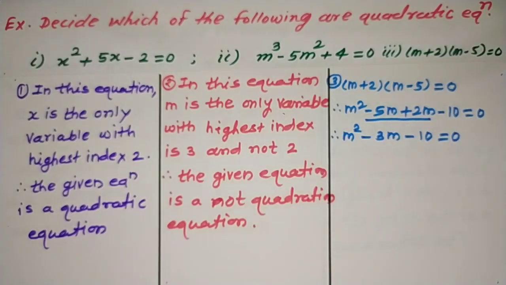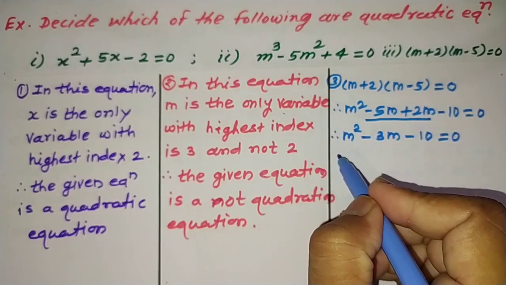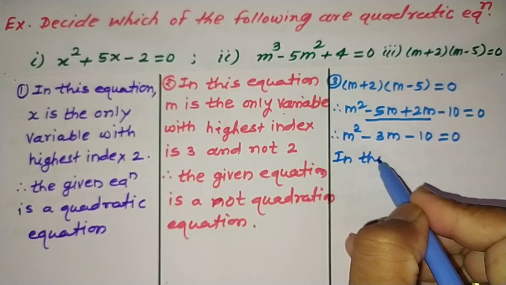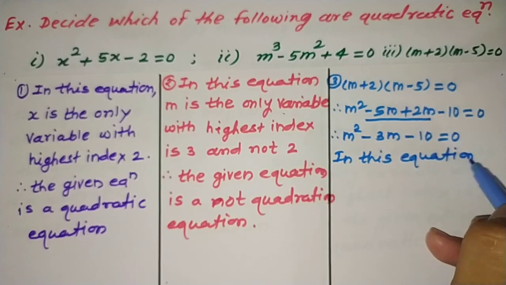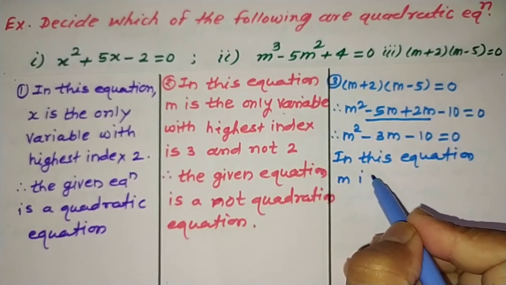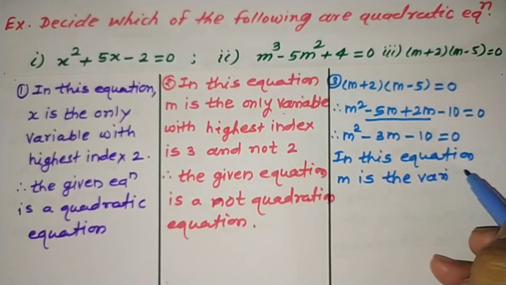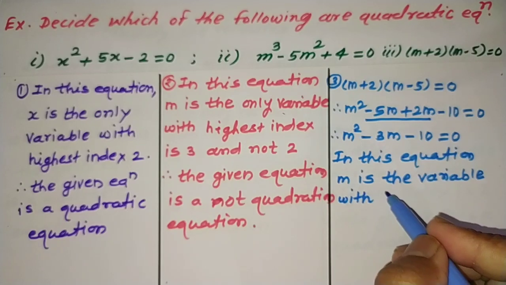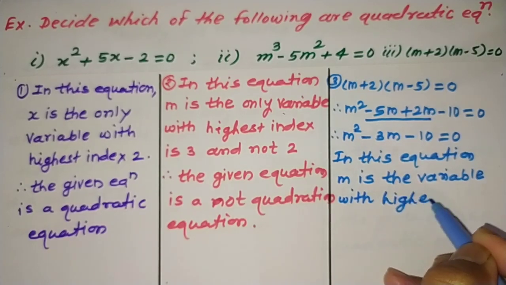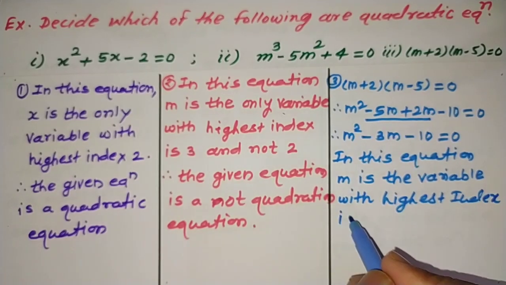In this equation, m is the variable with the highest index 2.